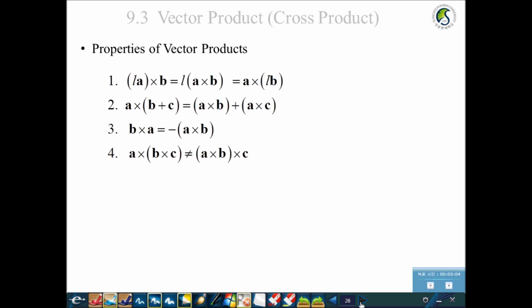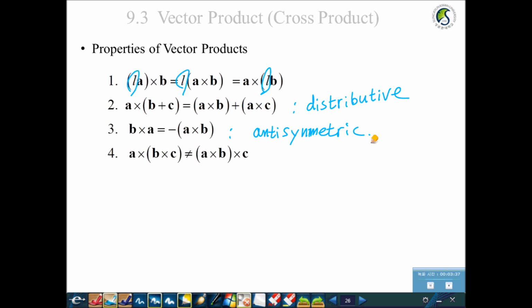Properties of the vector product. You can place a number anywhere in the cross product. That's the same thing. And the cross product is distributive. And this is not symmetric or commutative, but it is anti-symmetric.